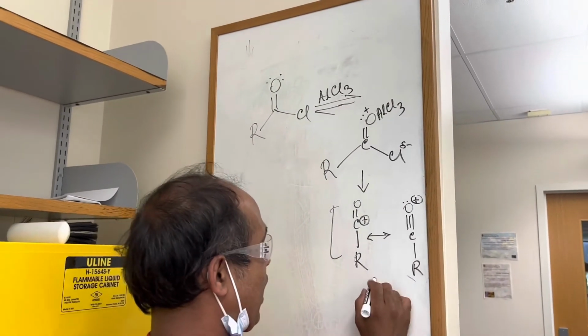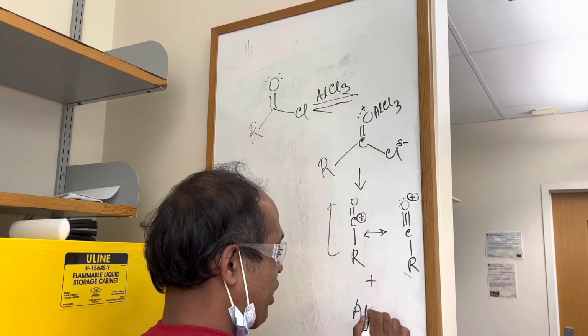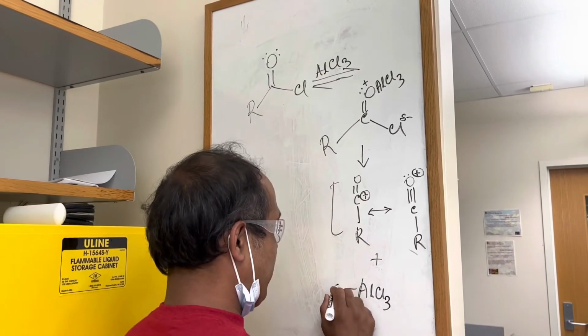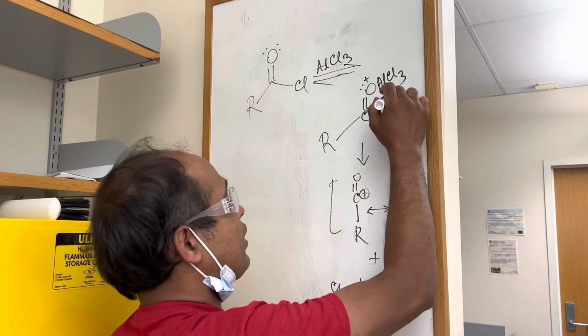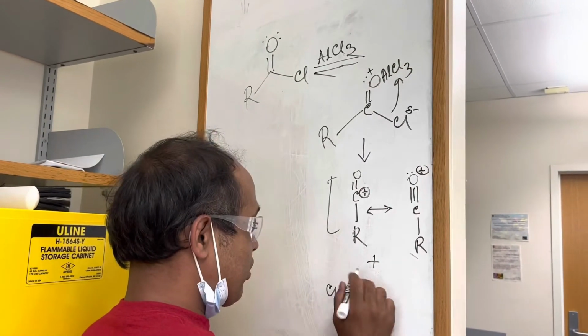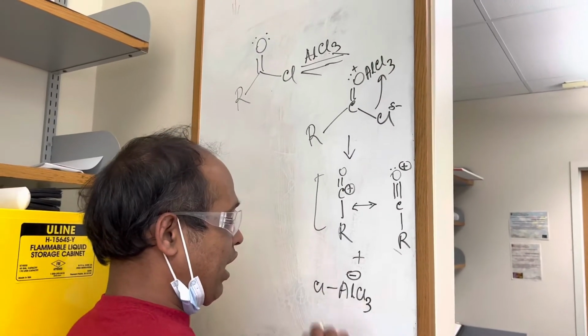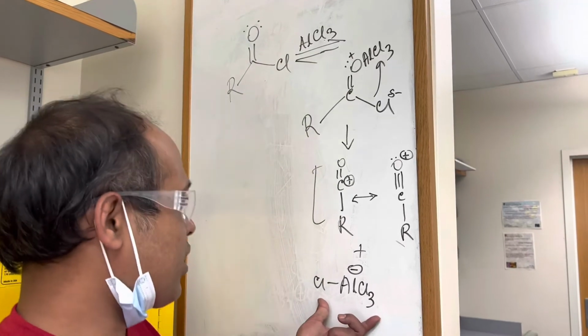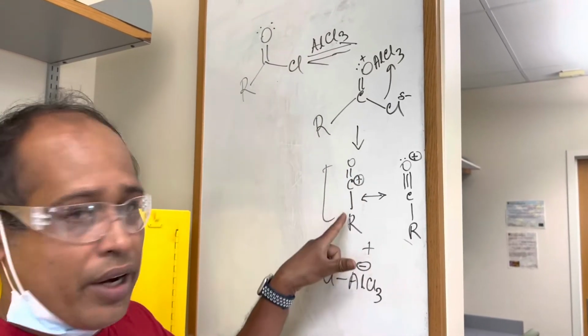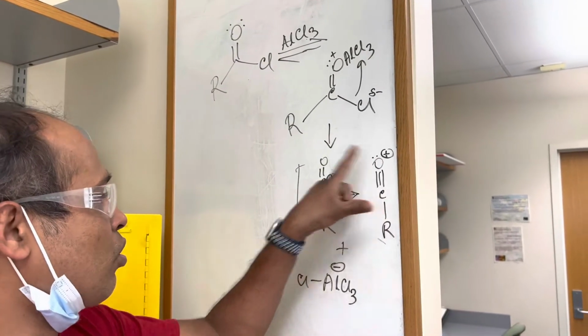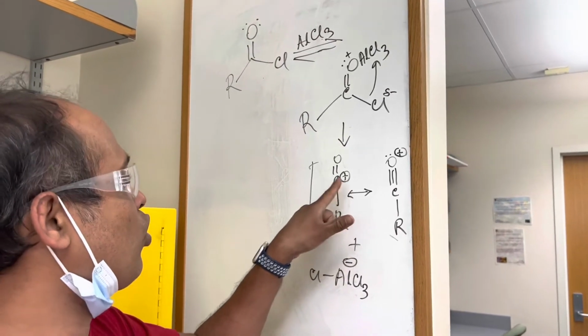Plus your aluminum chloride and one extra chlorine from here, that chlorine will be taken by this. So that's why this aluminum will be negative in charge. So remember this part.